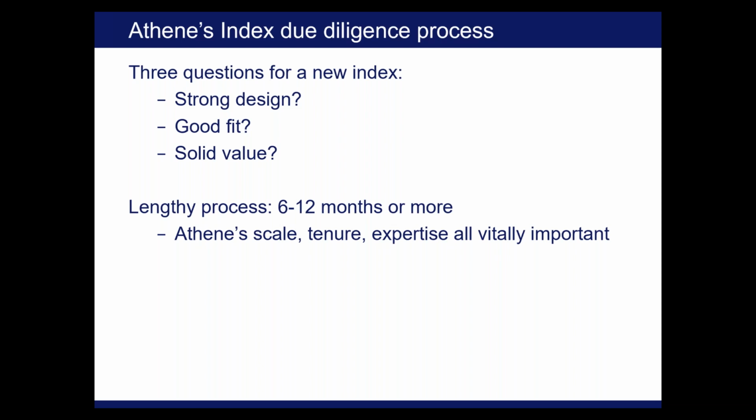Does the index construction, including the components, algorithms, and volatility control, represent a valid, sustainable premise? Does the index represent a new or differentiated strategy relative to our existing inventory? And can we efficiently hedge the index in a manner that enables us to pass high customer value through to the owner?